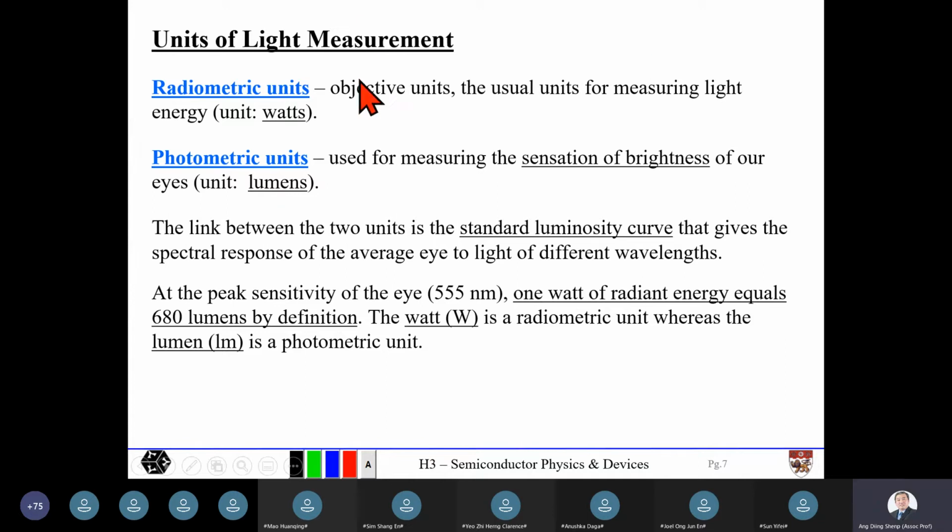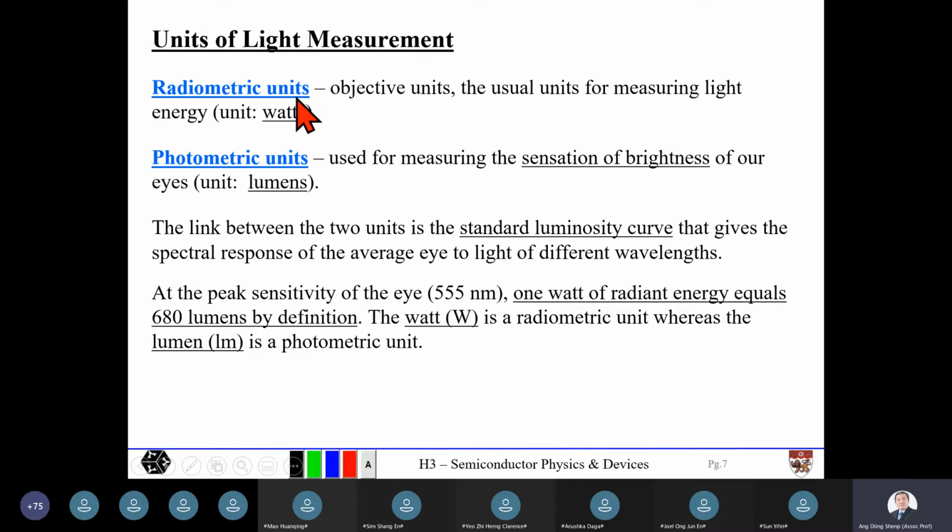Now, the next thing I want to discuss is light measurement. Since we are going to deal with devices that interact with light, it is important for us to know how light can be measured. What are the units commonly used to describe the measurement of light? The units can be classified into two categories. The first is called radiometric units.